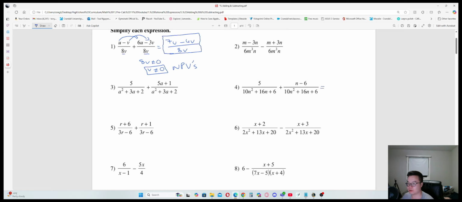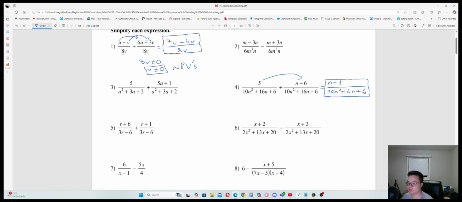Let's go first. I have an n in the numerator, I keep exactly the same thing, and then I have 5 minus 6. Then I'll have negative 1 over 10n squared plus 16n plus 6. So that is my adding and subtracting of the rational expression.